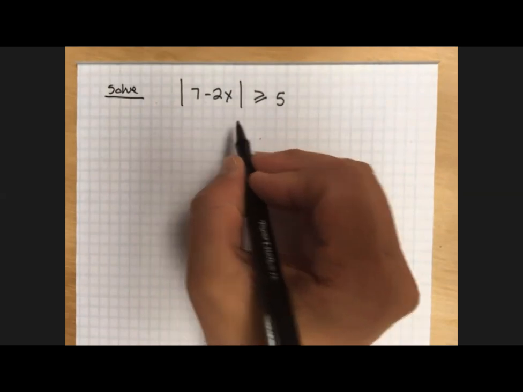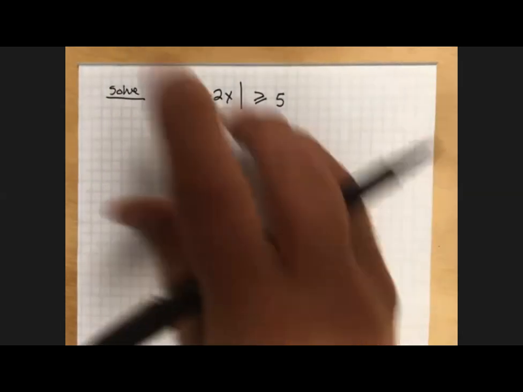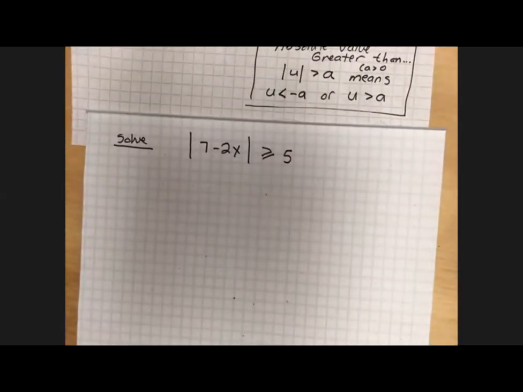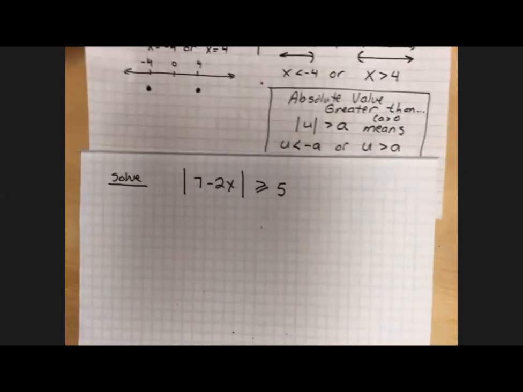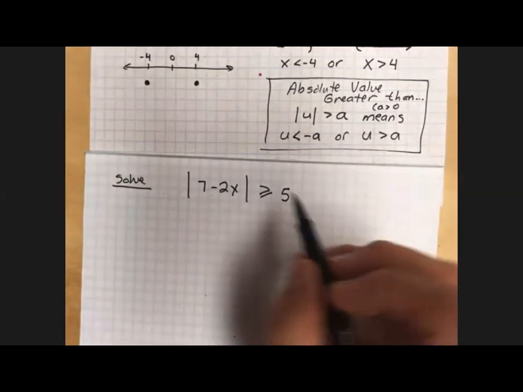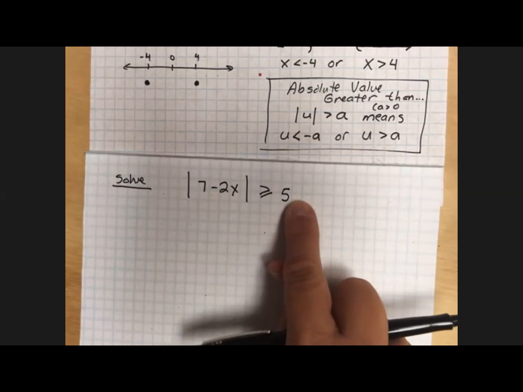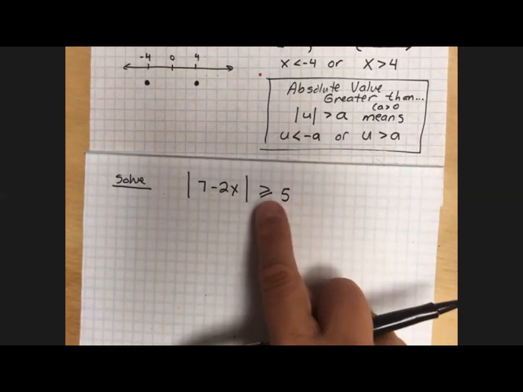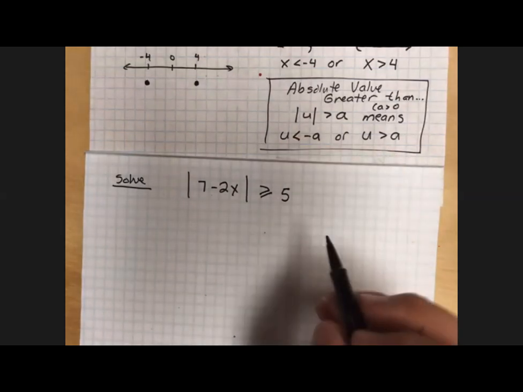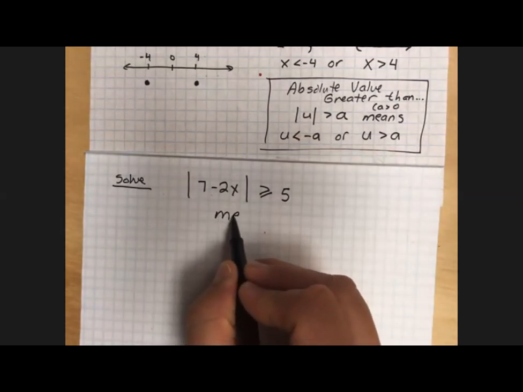I got to use the rule. Let me get the rule over here. Only way to do this right is to use the rule. So I pretend that this thing inside here is the u, and I pretend that the 5 is the a. And the fact that there's an equal sign there too, that doesn't change how the rule works. So what does this mean?